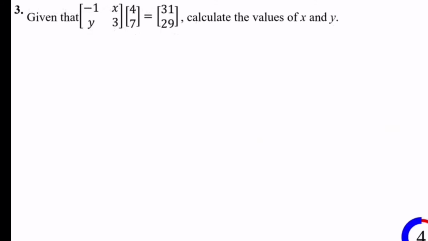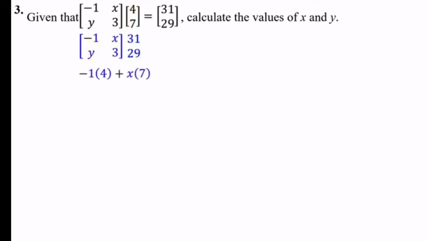Let's multiply the matrix first. [-1, y; x, 3] times [4; 7]. So we have to copy down the matrix, then we will times with the [4; 7]. So it's negative 1 times 4 plus 7x equal to 31.